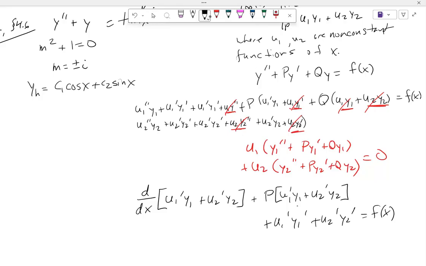That's all that's left over when you simplify all that stuff. Okay?